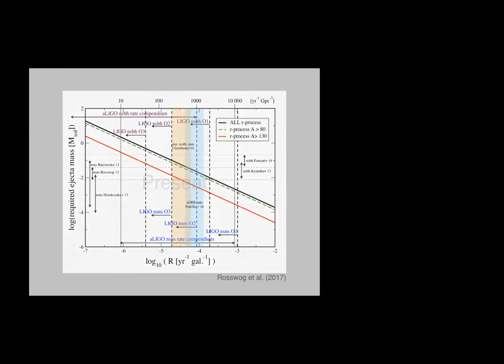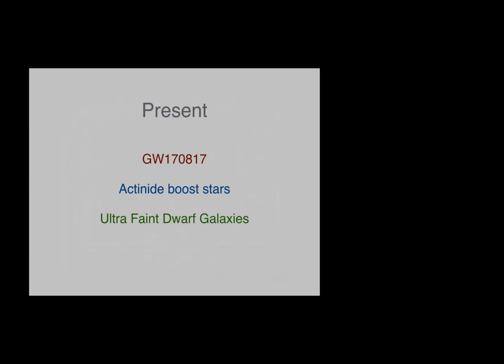So we need better approaches. In the present, we have three main avenues to go after this question. One is the well-studied GW 170817, which has been much talked about in the literature.